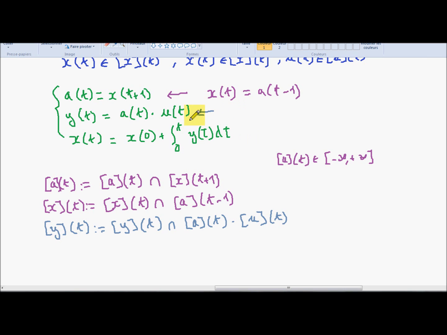For instance, I obtain that a of t is equal to y of t divided by u of t. And thanks to this, I will be able to write that a of t is contracted by a of t intersected by y of t divided by u of t.